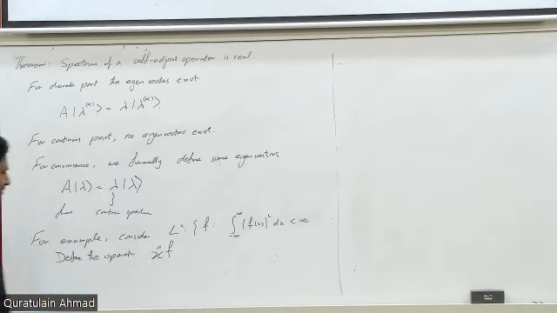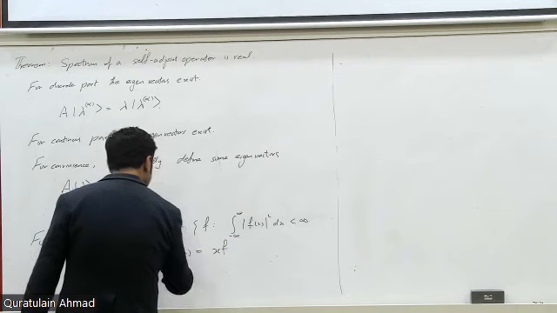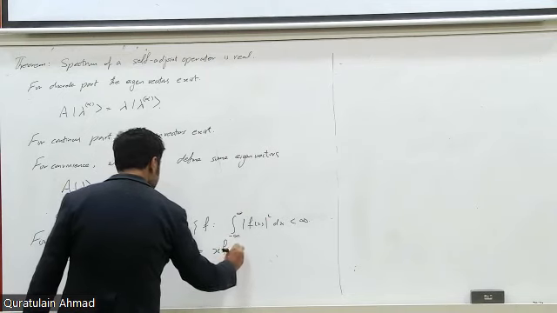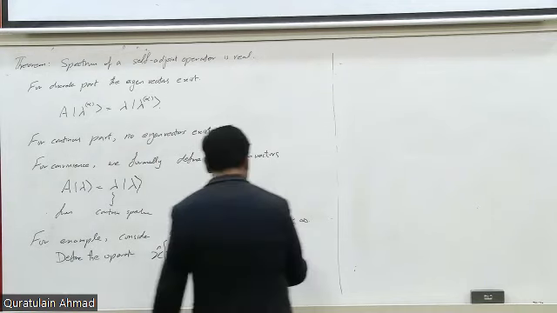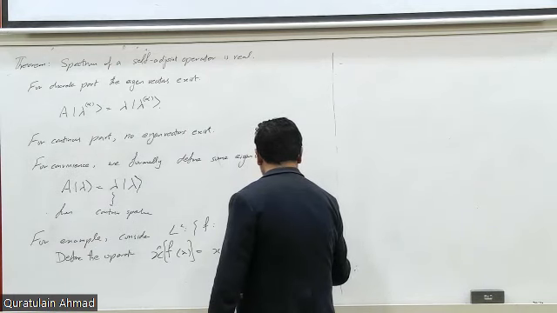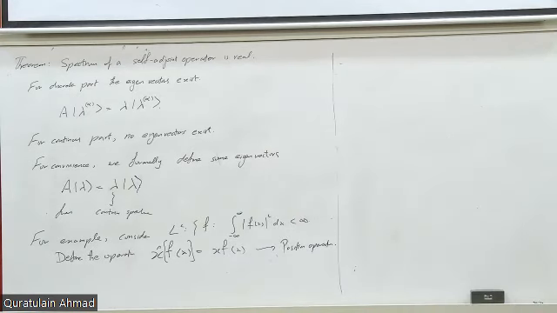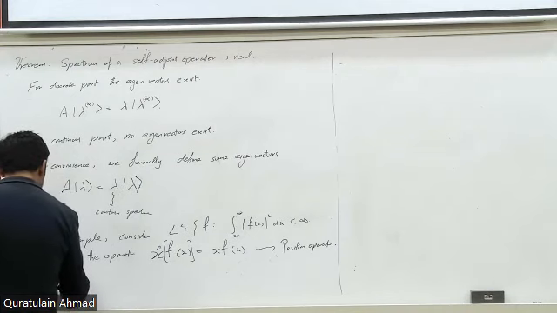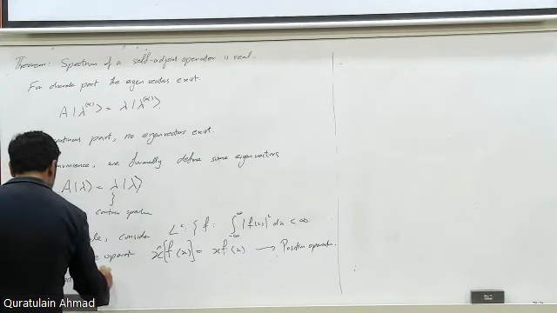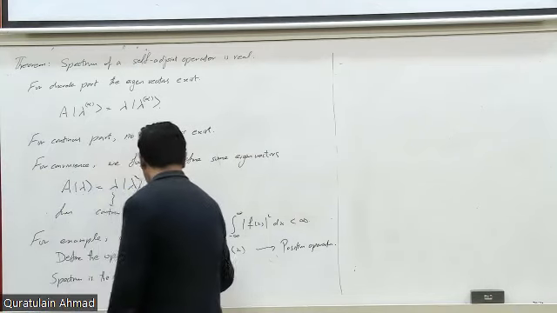It acts on a function f and gives you this function, f multiplied with x. This is called the position operator. This is symmetric, essentially self-adjoint. You find that the spectrum is the whole real line. But no eigenvectors exist.